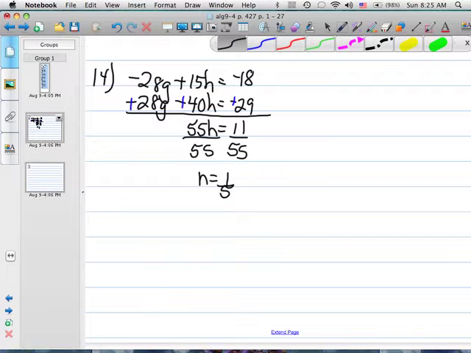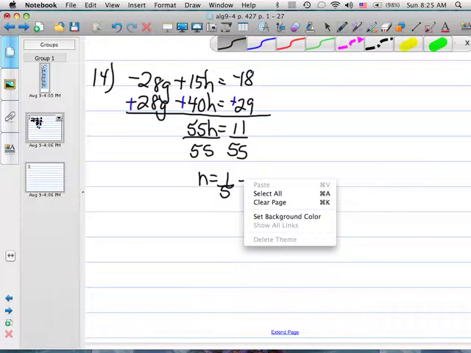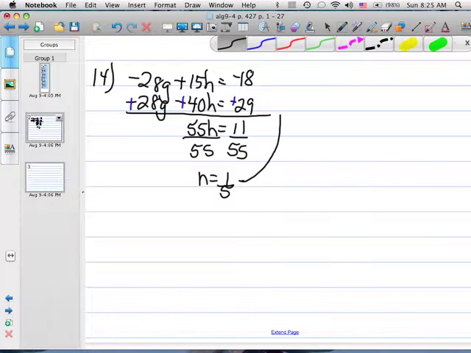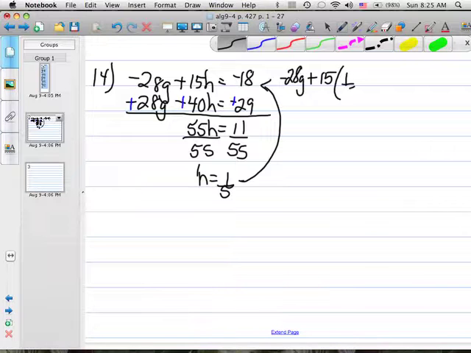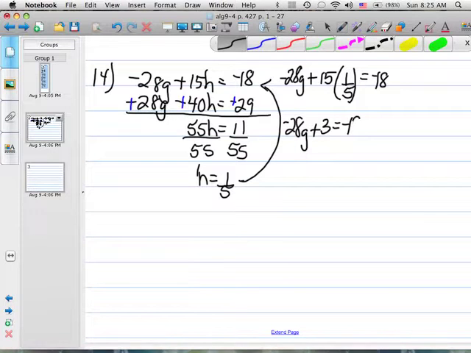Substituting that back in, we get negative 28g plus 15 times 1/5 equals negative 18. Negative 28g, a fifth, 5 goes into 15 three times, equals negative 18.